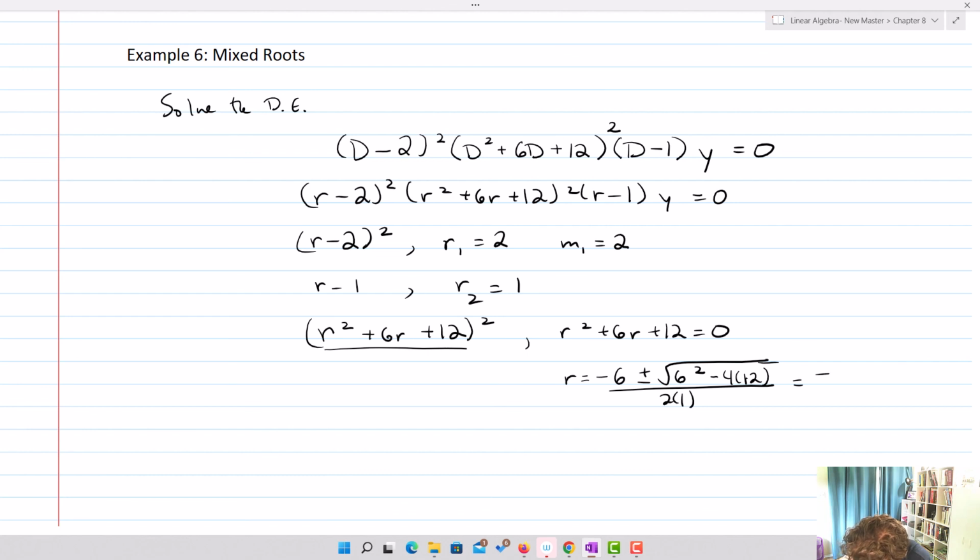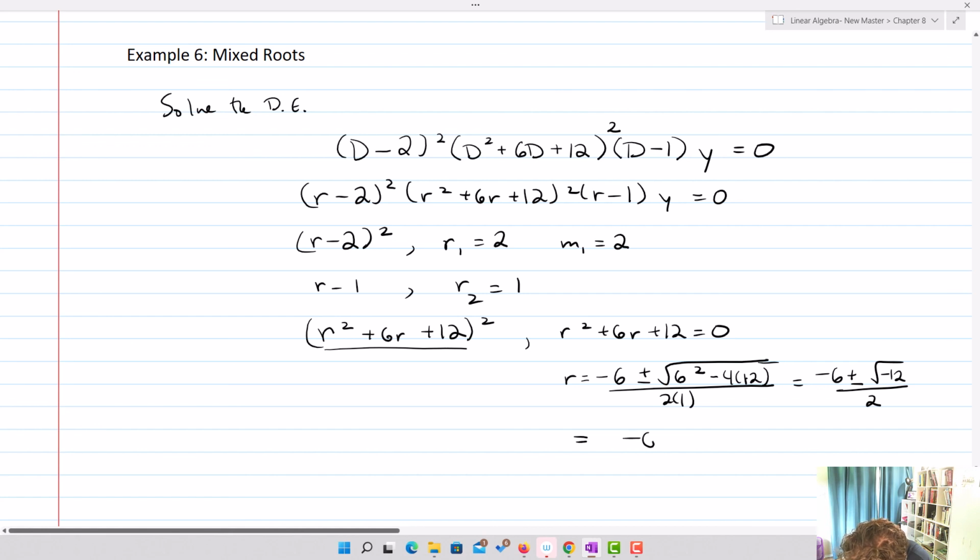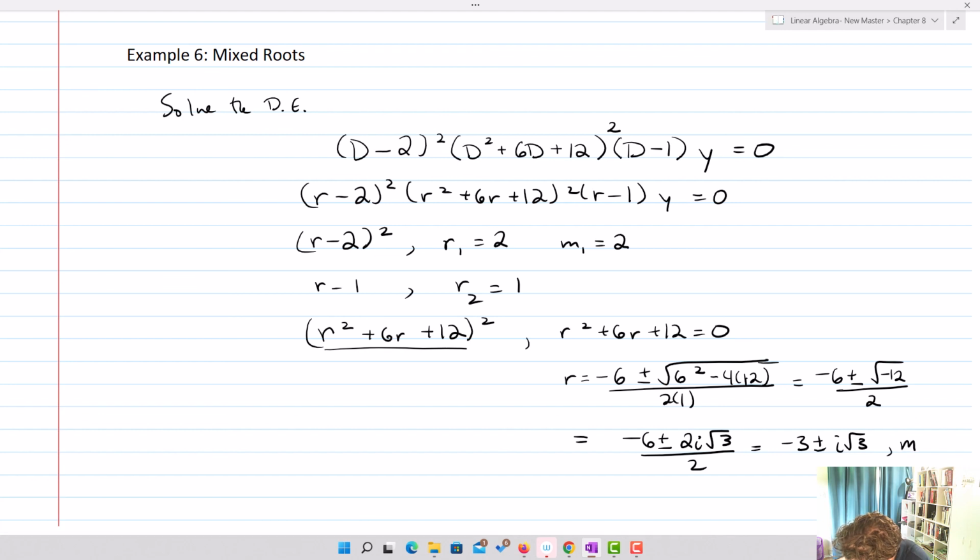So this ends up being negative 6 plus or minus the square root of negative 12, over 2, which equals negative 6 plus or minus 2i root 3 over 2, which is negative 3 plus or minus i root 3. And that actually has a multiplicity of 2. So we'll call that r3, which has a multiplicity of 2.